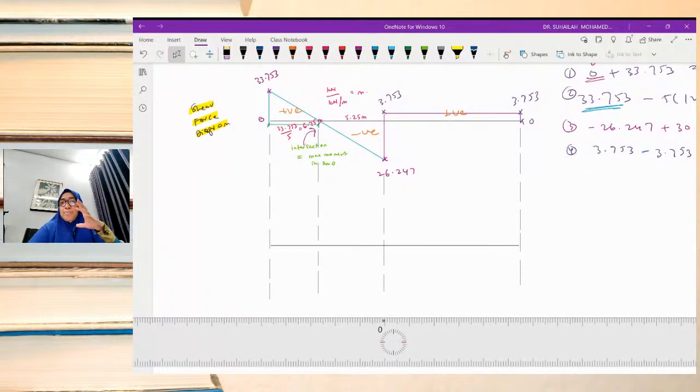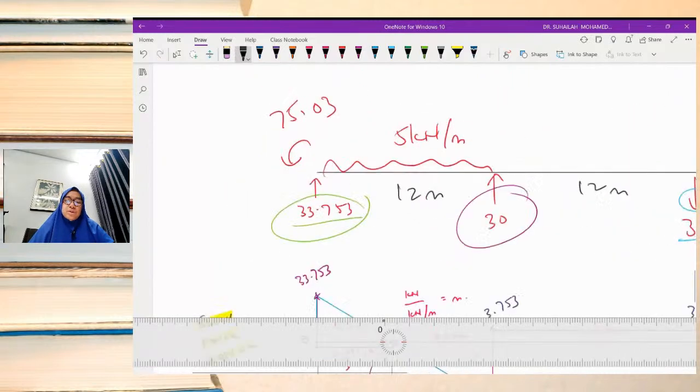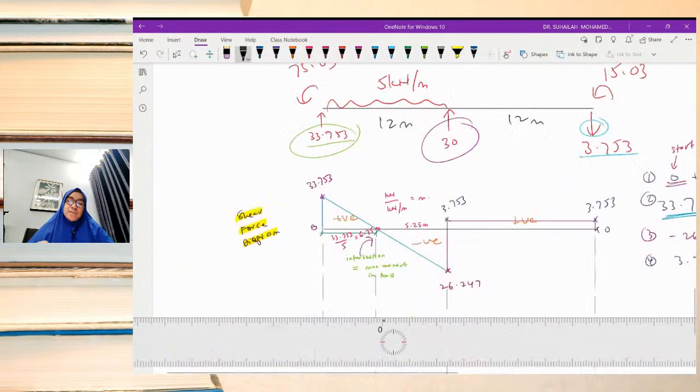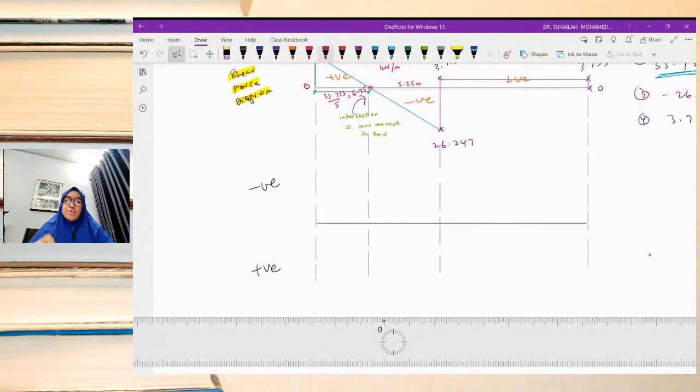But for design purpose, you have to draw negative upward. This is negative, this is positive for design purpose. Counterclockwise means negative, so we put it at the negative side.